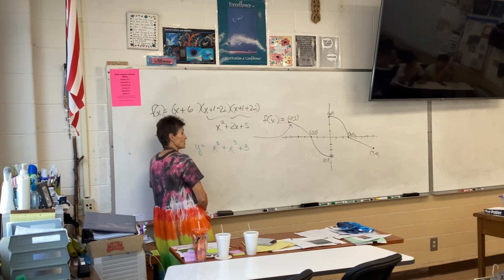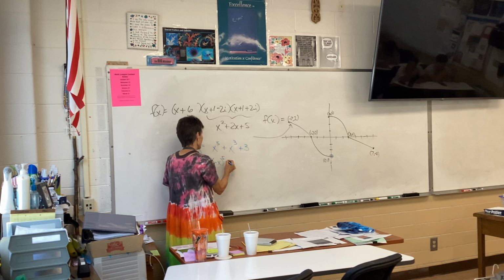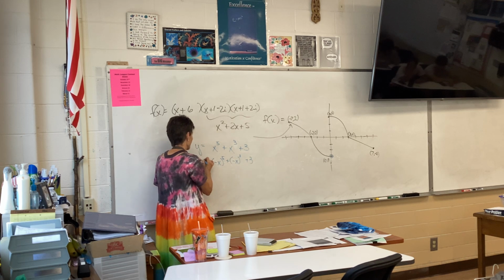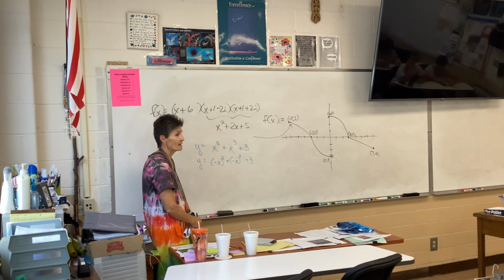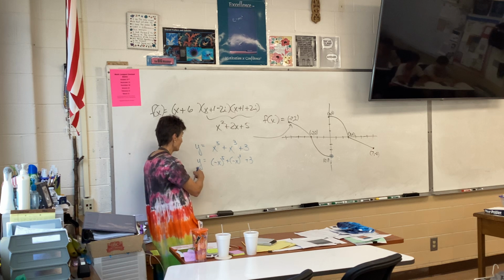All right, so let's change the sign on the inputs here. So negative x to the fifth, negative x to the third, plus 3. Is that gonna impact my answer, or am I gonna end up with the same answer? It's gonna change my answer, isn't it? Is that gonna become negative y?